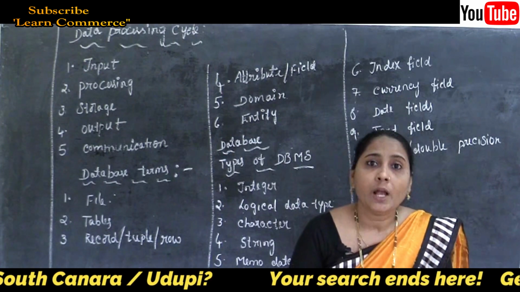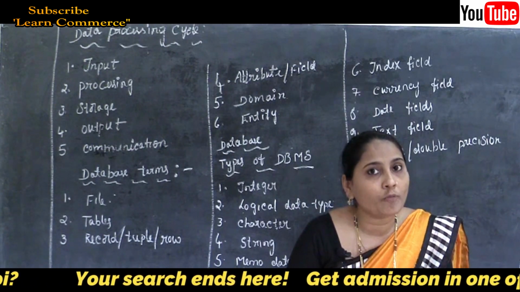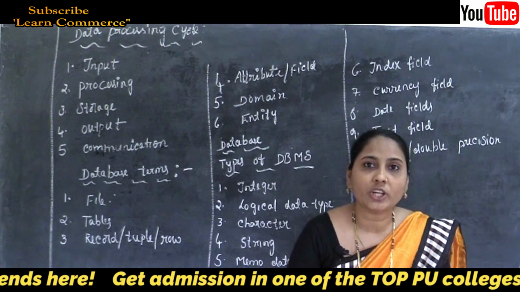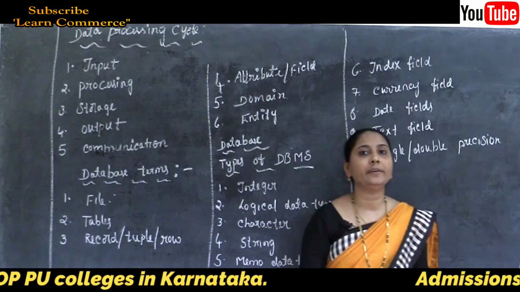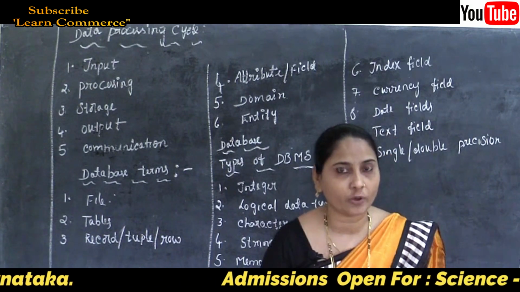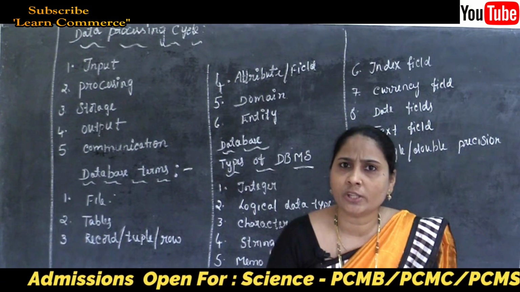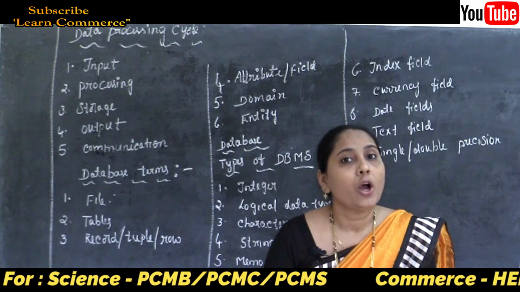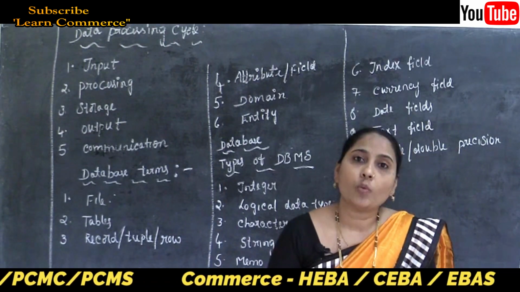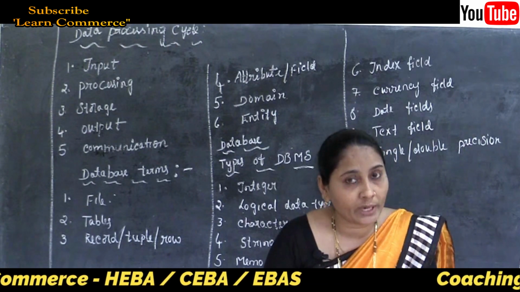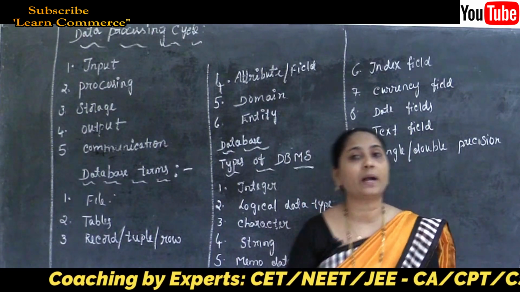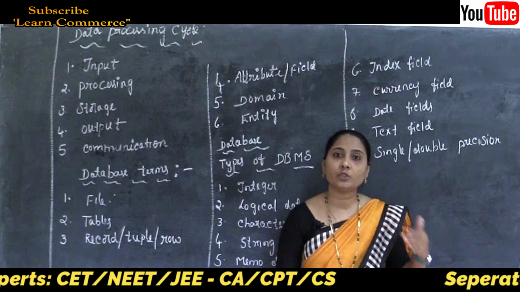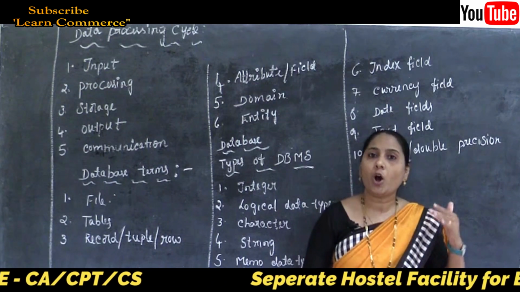Or simply we can say the meaning of processing is the conversion of data into information by the central processing unit here. Correct? Without the central processing unit we can't do any kind of operations here. So whatever data we input using input devices, we need to perform some kind of processing, some kind of operations.